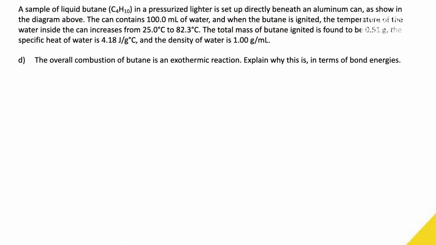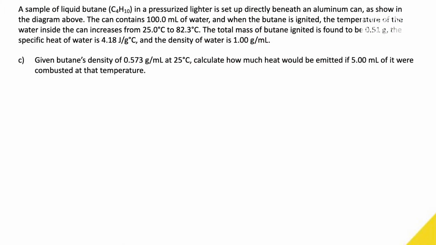Oops, went too far, didn't I? Okay, there we go. Given butane's density of 0.573 grams per milliliter at 25, how much heat would be emitted if 0.5 milliliters were combusted at that temperature? So what I have to do here is I need to know what is the mass of butane that we have. They give me the density and they give me the volume.